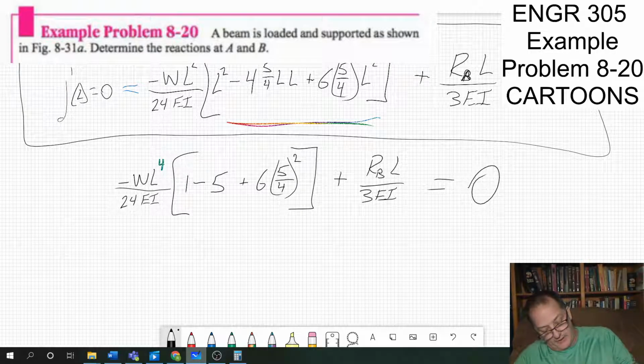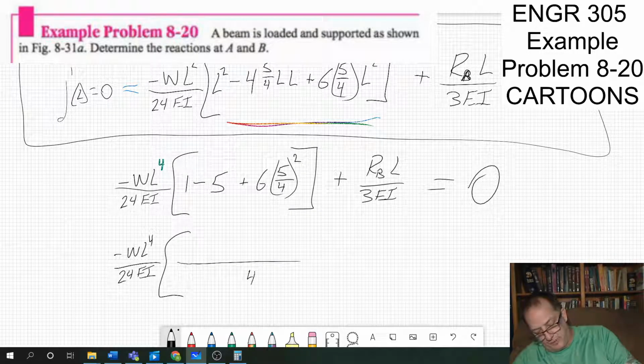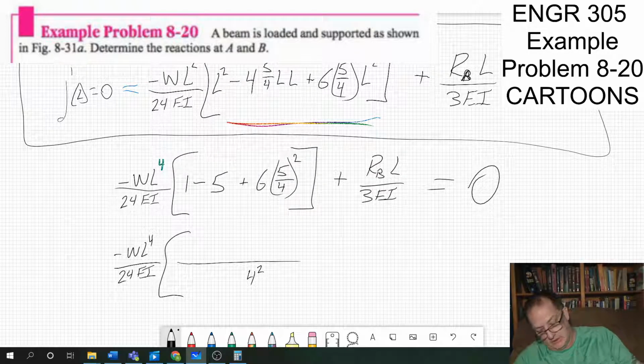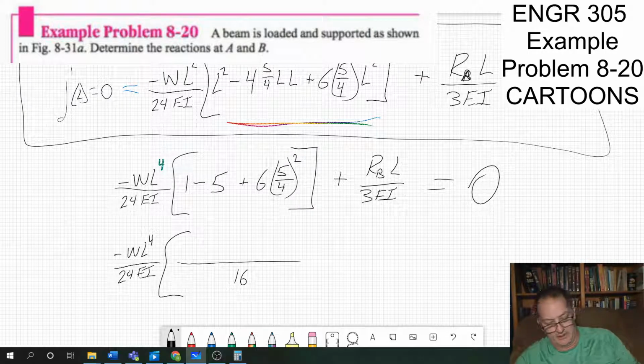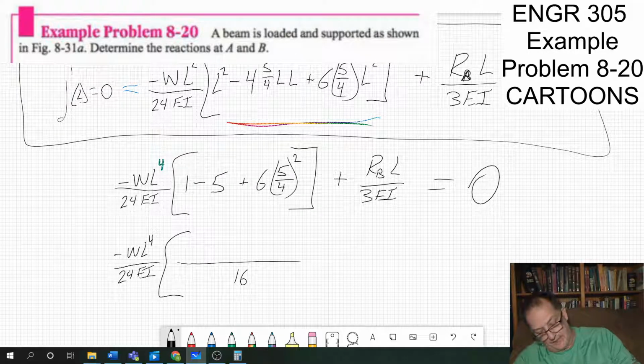I'm going to rewrite this minus WL to the fourth over 24EI. I can see this term on the end is going to give me a 4 squared on the bottom. Or I could just rewrite that as a 16, but either way. So this is going to be 16 sixteenths.